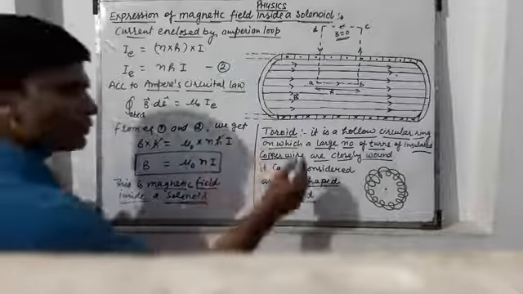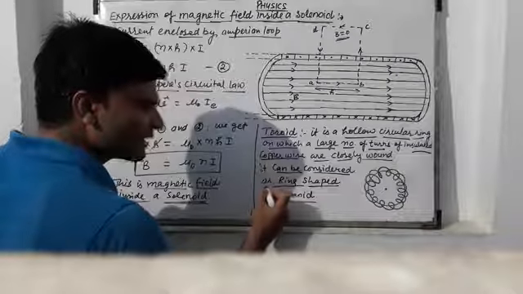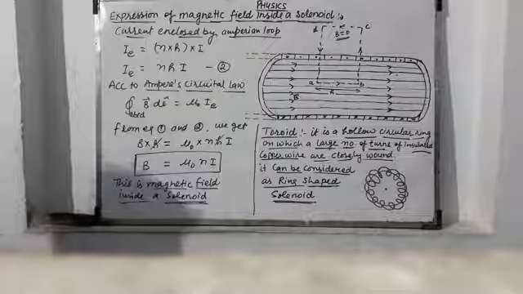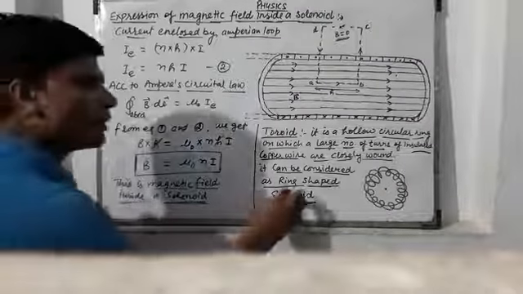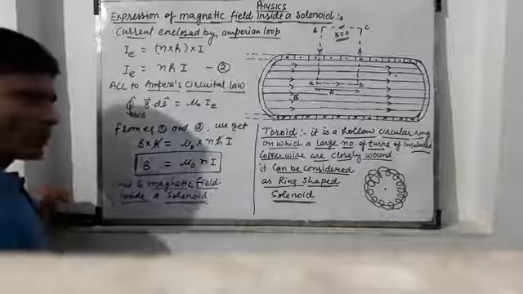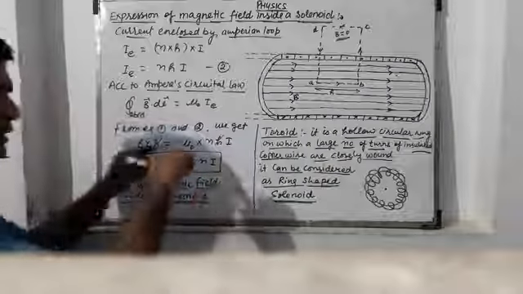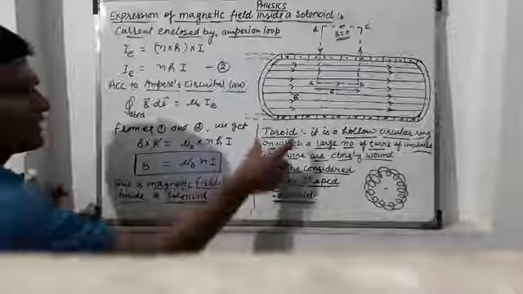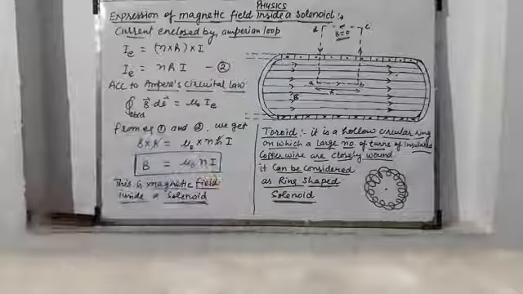A toroid can be considered as a ring-shaped solenoid, meaning a solenoid shaped as a ring. When a solenoid turns into a circular ring, then it becomes a toroid.